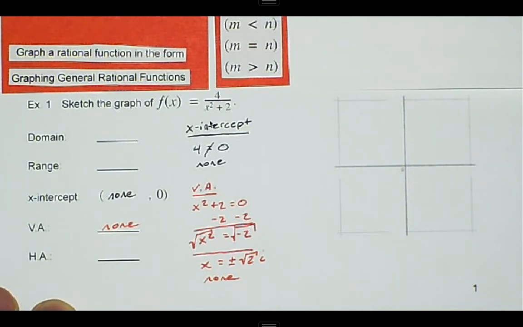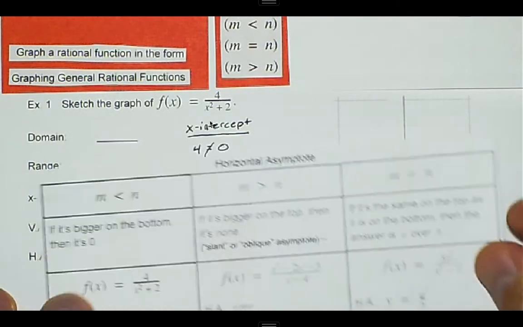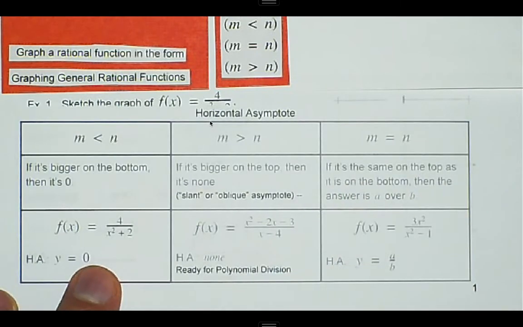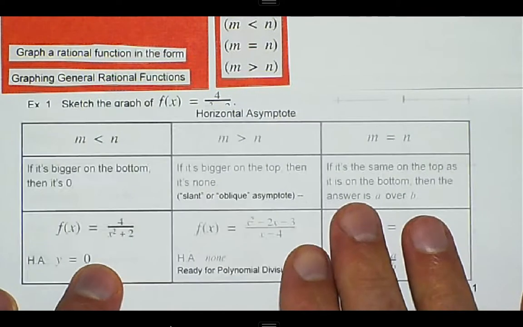Now we've got to think about the horizontal asymptote. So we're looking at the horizontal asymptote. That's where our m's and n's come in handy. And we want to decide what the degree is of the numerator and what the degree is of the denominator.